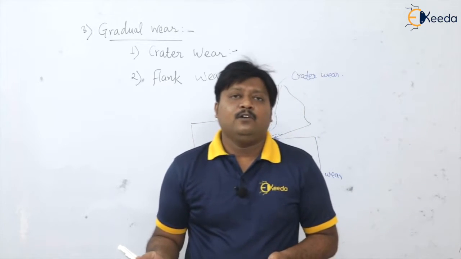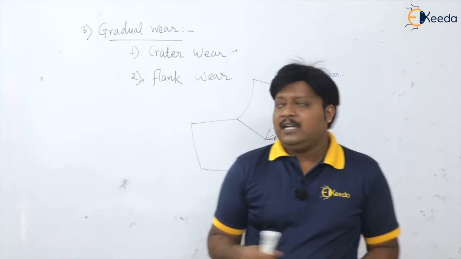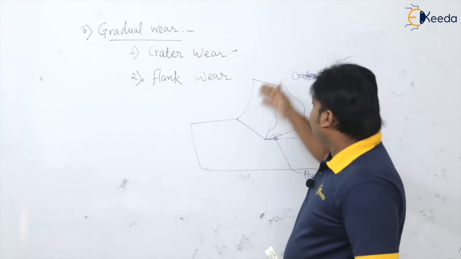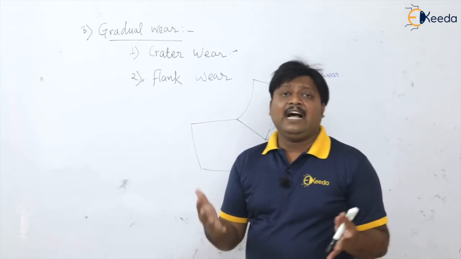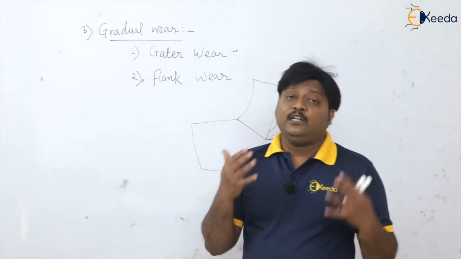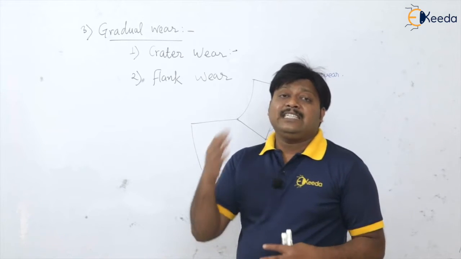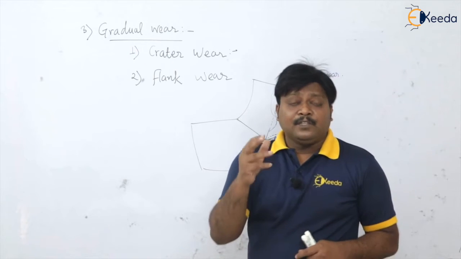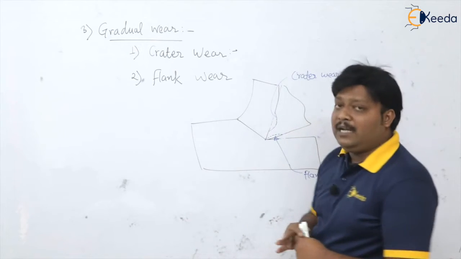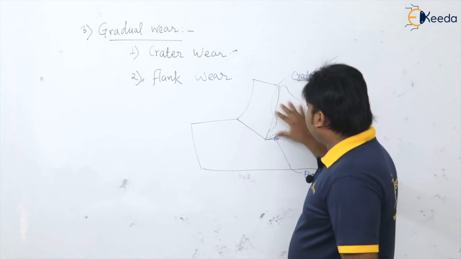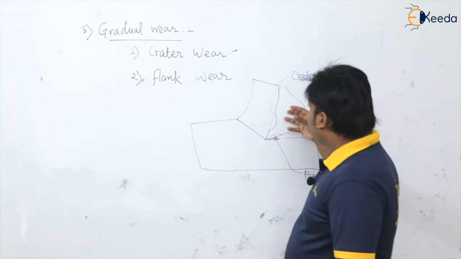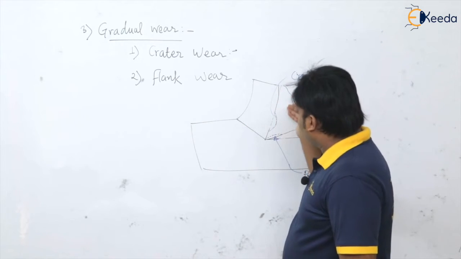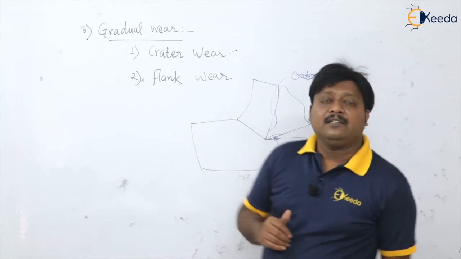And the third thing, the predominant phenomenon of this crater wear, is the diffusion wear. Okay, so what is diffusion? As we know, the temperature in the metal cutting zone is very high, and diffusion is a temperature dependent phenomenon. So at higher temperature, what happens? The tool atoms diffuse from the tool body onto the workpiece material.